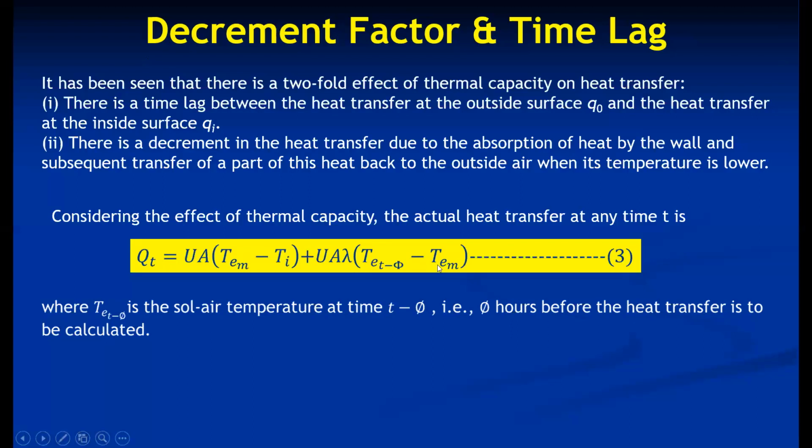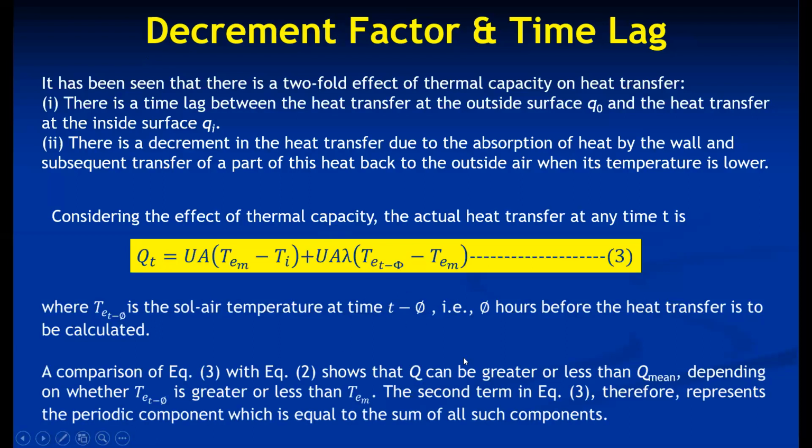That is the interpretation of T minus 5: the solar temperature at time T minus 5, where T is the time at which the heat transfer rate is to be calculated and minus 5 is the time lag. If the time lag is 4 hours and we are calculating the heat transfer rate at 4 p.m., then we have to consider the solar temperature at 12.